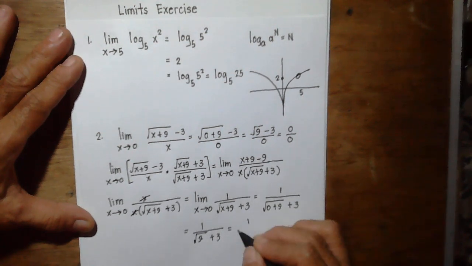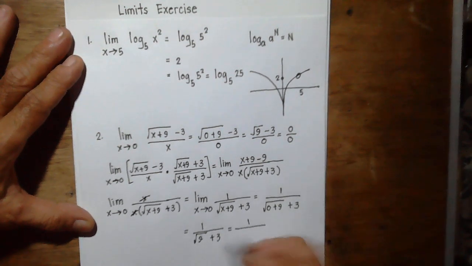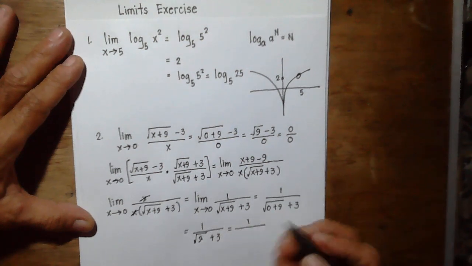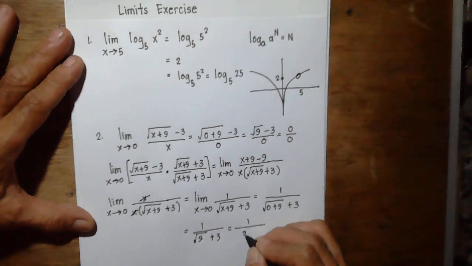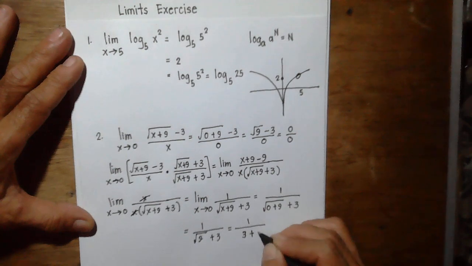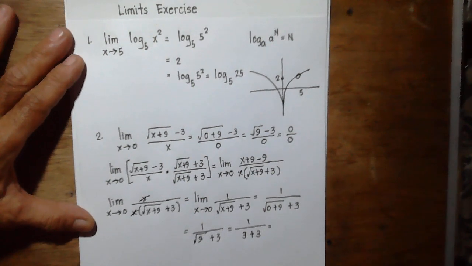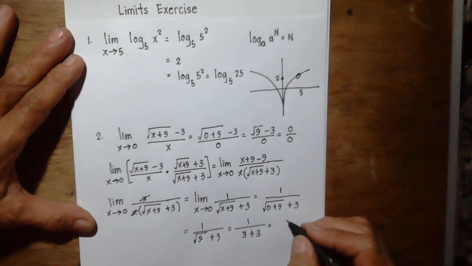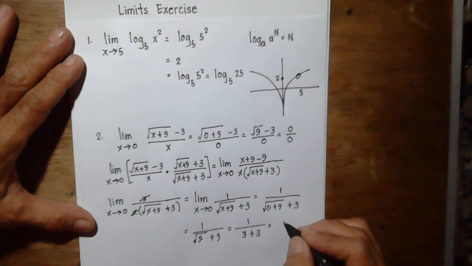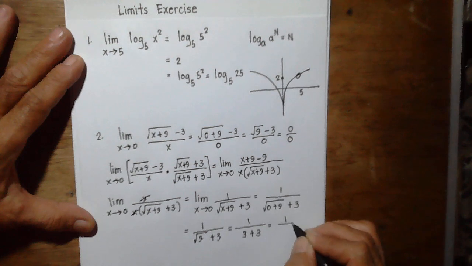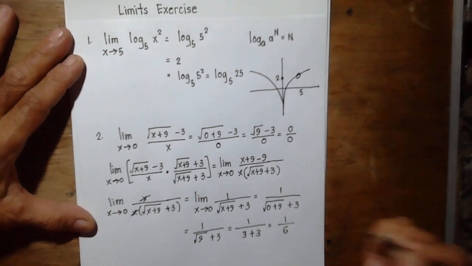Again, what is the square root of 9? The square root of 9 is equal to 3. And so we have 3 plus 3 for the denominator. And the final answer would be 1 over, what is 3 plus 3? 6.